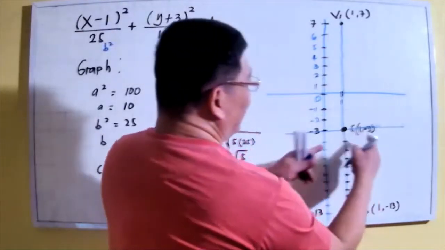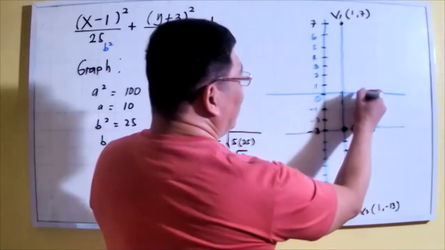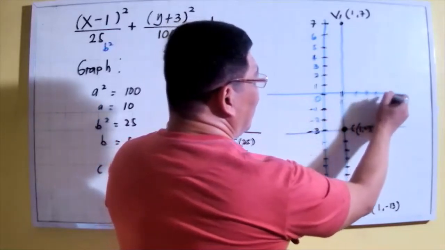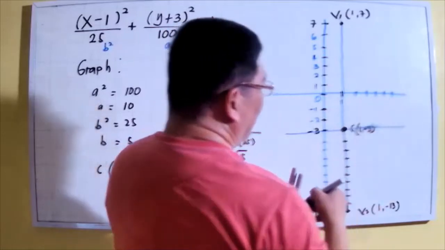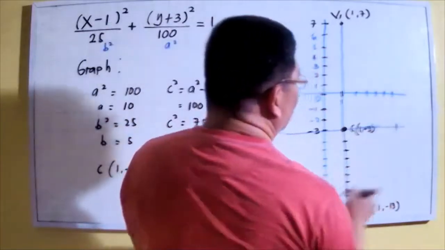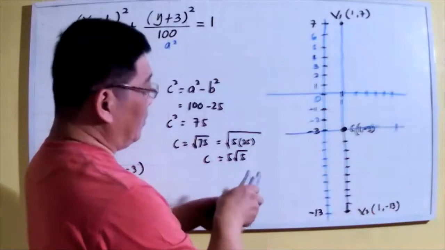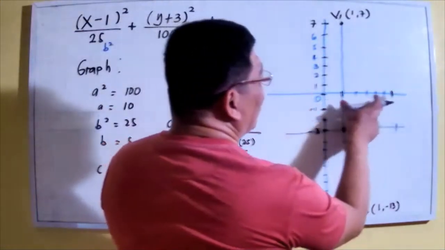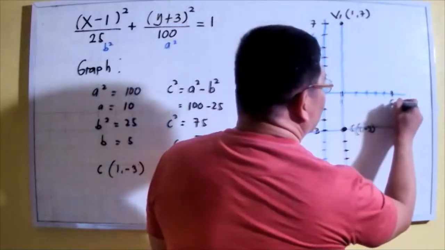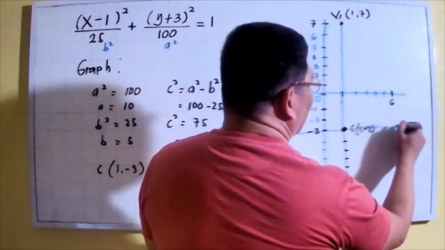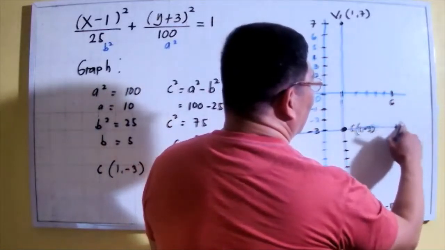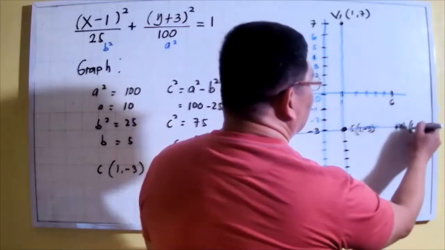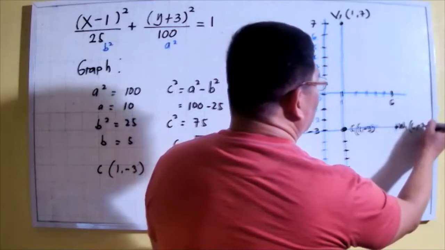This is the center. Dito natin bilang. We have your 1, 2, 3, 4, 5. And then 5, that point. So this point is, dahil ito ay 1 and then plus 5, we have 6. So ito yung, let's call this W1 being (6, -3).